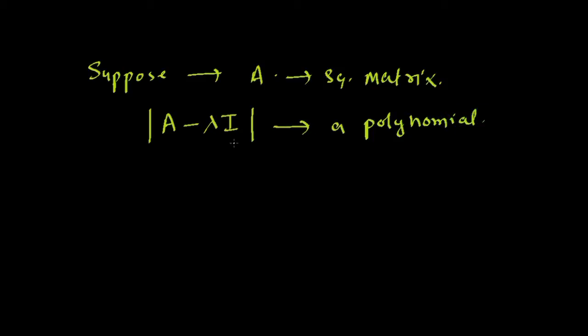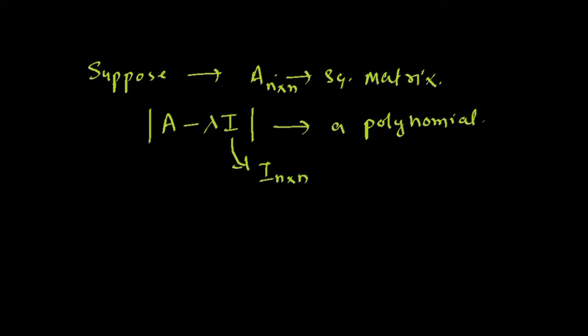Here I is the identity matrix of the same order. If this matrix A is of order n cross n, then this I will be of n cross n order.